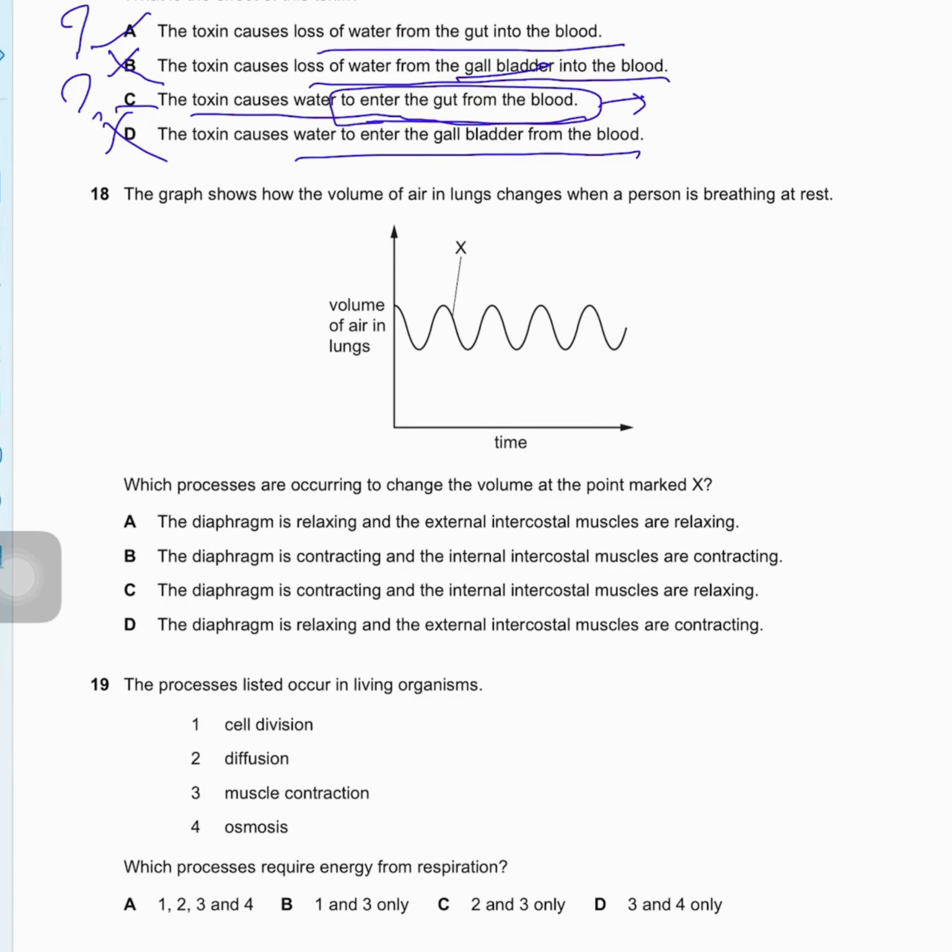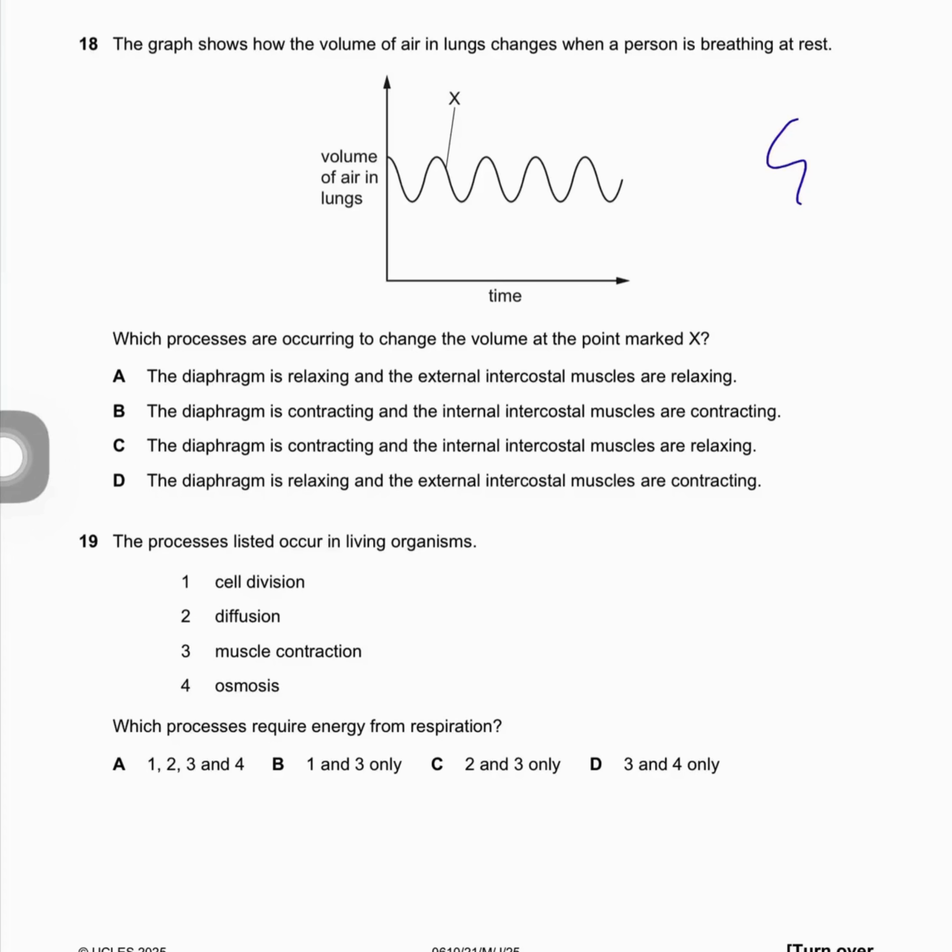Which process is occurring to change the volume at the point marked X? So the volume of air in the lung increases, this means inhalation. The volume of air decreases, this means exhalation. I have to know all the related processes that happen during this. Okay, this question one more time.